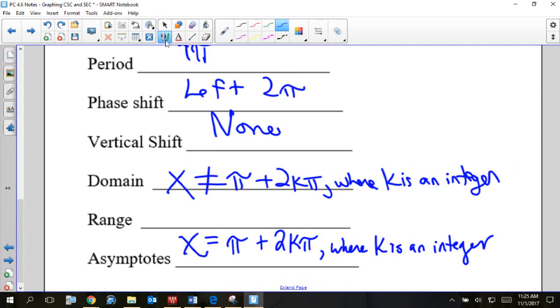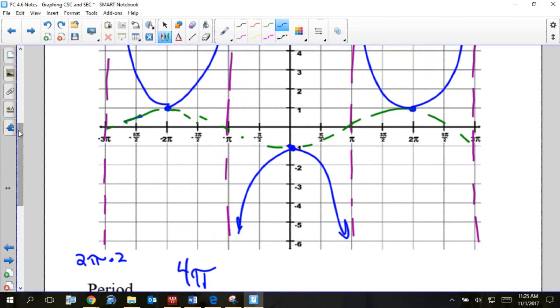So our range goes from low to high. What's the lowest point that it goes? Negative infinity. And does it continuously go all the way to the top? No. Is there a stopping point? Yes. We're going from negative infinity to what number? Negative 1. And then what happens?